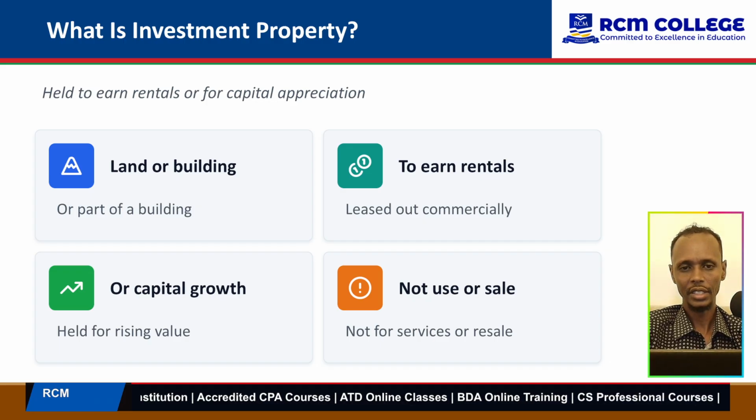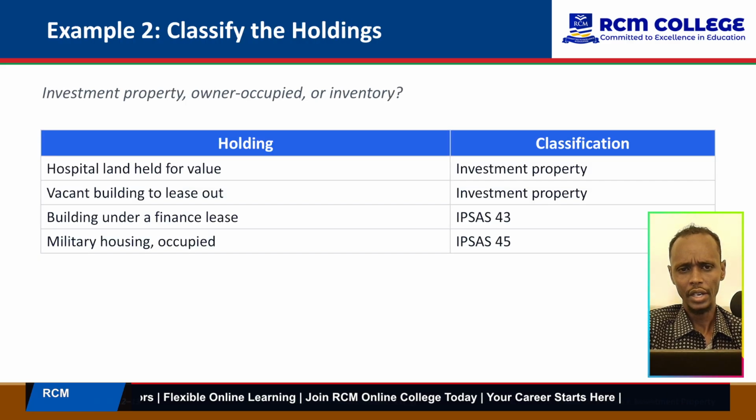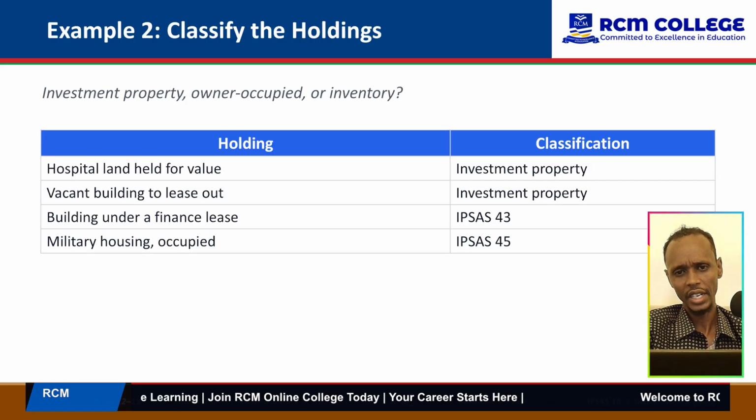So such part can be considered as investment property. Two, to earn rentals, leased out commercially. Three, or capital growth, held for rising value, but not for use, or for sale, not for services or for resale.